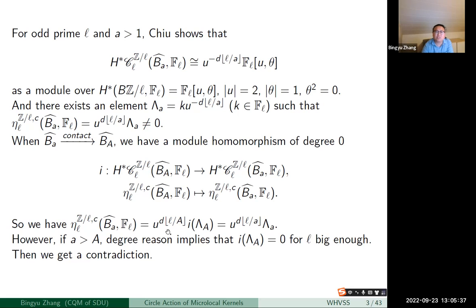The second decomposition comes from a decomposition for the bigger ball, B capital A hat. Now, if we assume the small a is bigger than capital A, then the degree reason will imply that the image of lambda capital A is 0 for L big enough. Then the middle term will become 0, but the right term is non-zero. Then we got a contradiction.